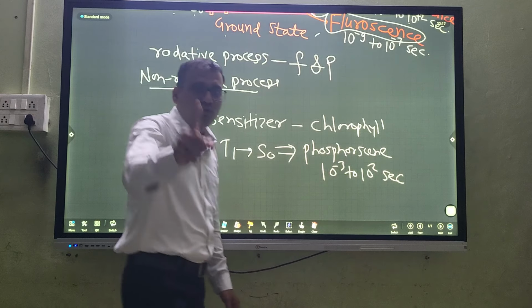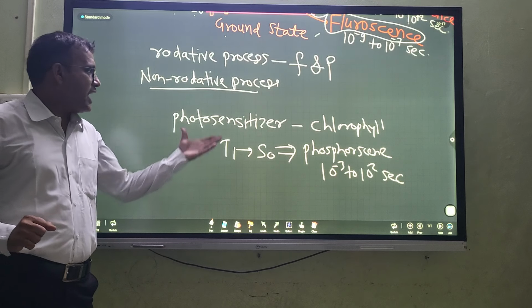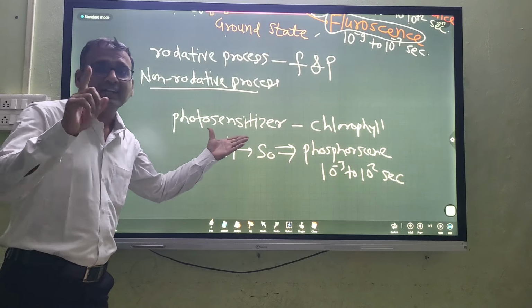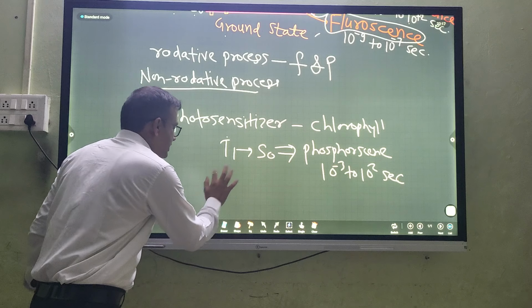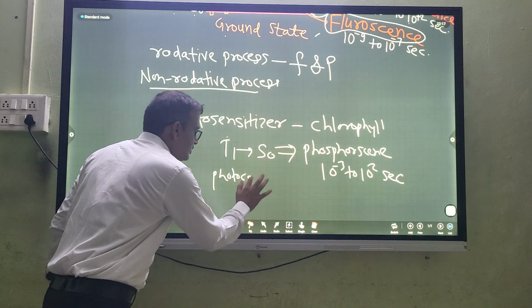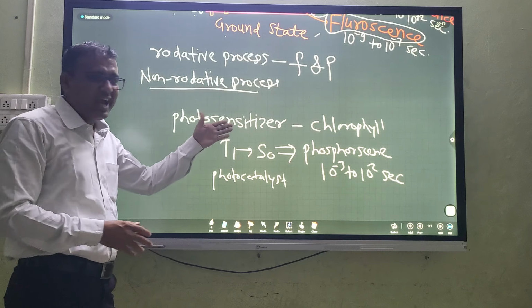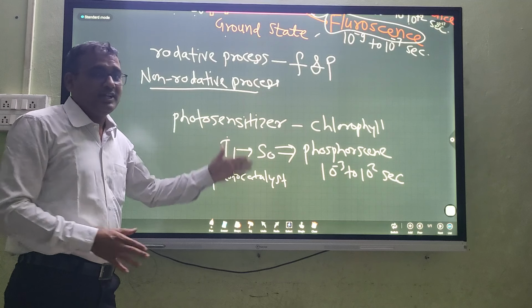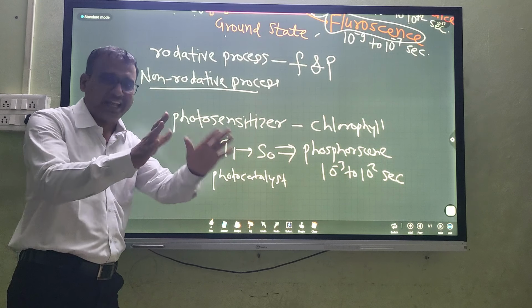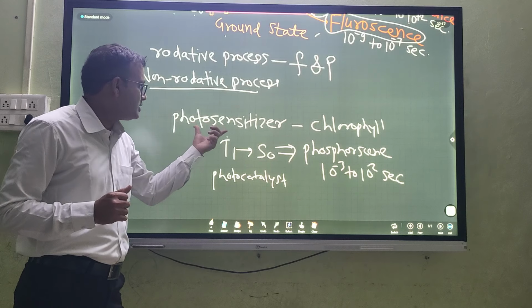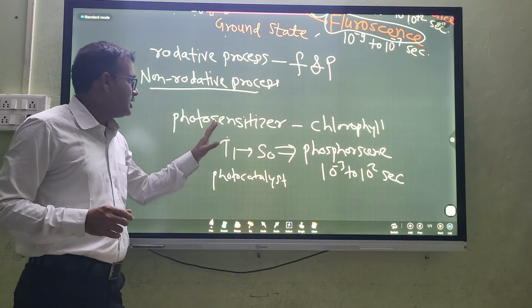In photochemical reactions, it acts as a catalyst, a photocatalyst. A photocatalyst does not take part in the reactions, but it helps or initiates them. Now let me explain in more detail.